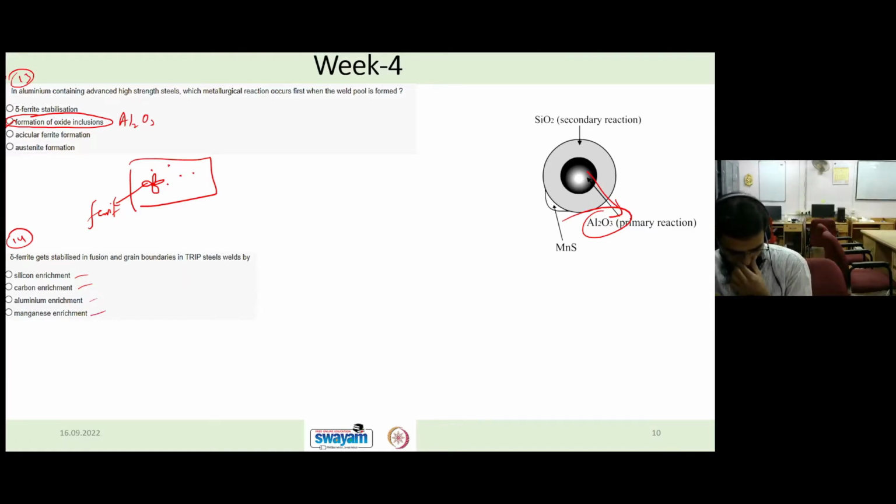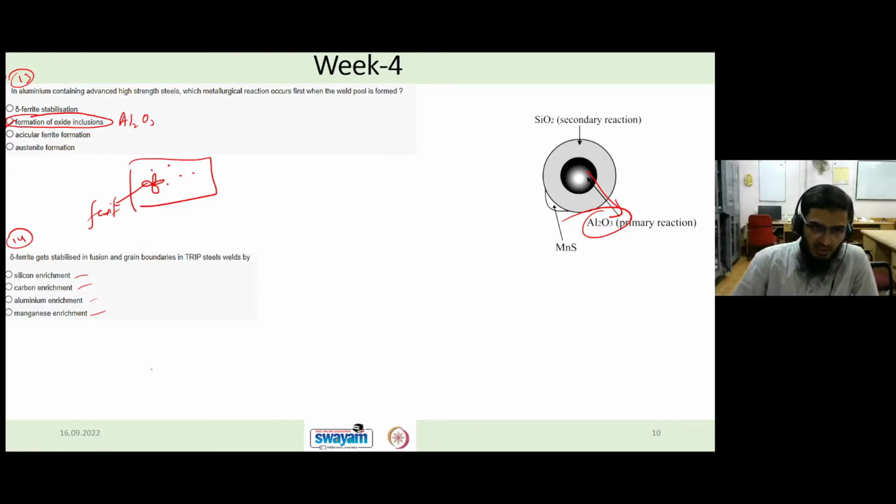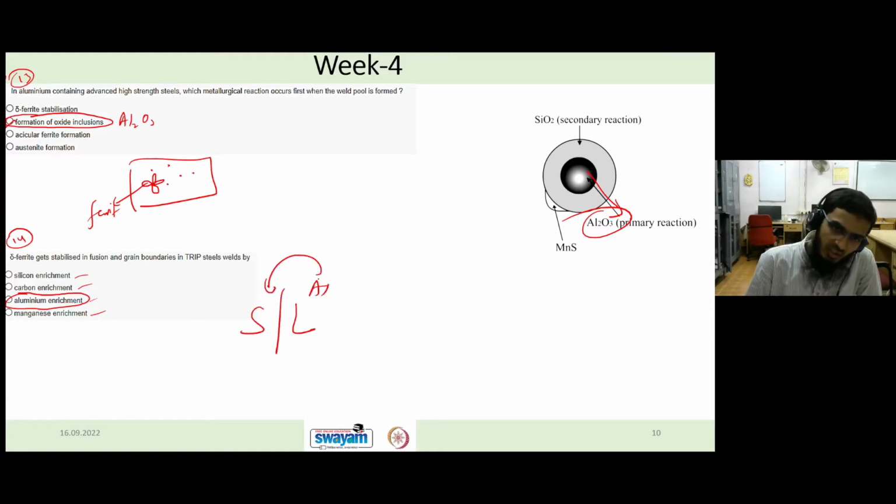So already you told earlier, the stabilization of delta ferrite in TRIP steel is by aluminum, right? From liquid to solid, aluminum will partition from liquid to solid, that reverse case, and that solid is nothing but delta ferrite. So this delta ferrite stabilization is by aluminum. This already we have explained.